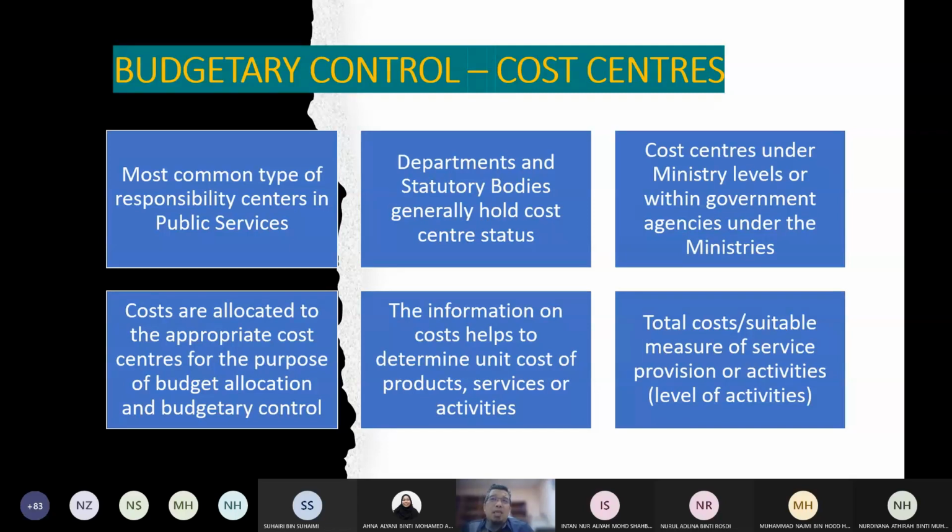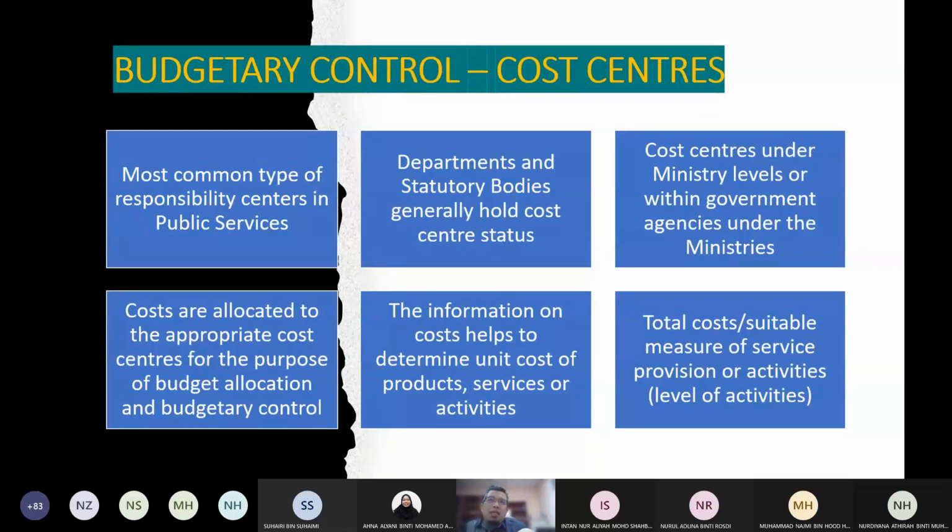Interestingly, compared with the private sector, which has different qualities of services and charges different prices, the government cannot have that tier of products where citizens pay according to their affordability. The government doesn't do that because they treat all Malaysians, all their citizens, equally. But they do vary their charges.